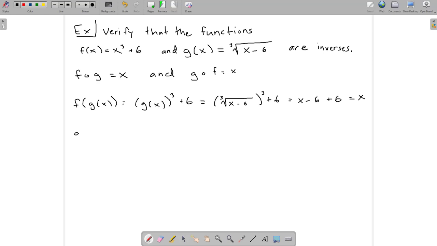We can see that. Let's do the other way, g of f. So g evaluated at f of x equals, looking at my g of x function, plugging in f of x instead of x.